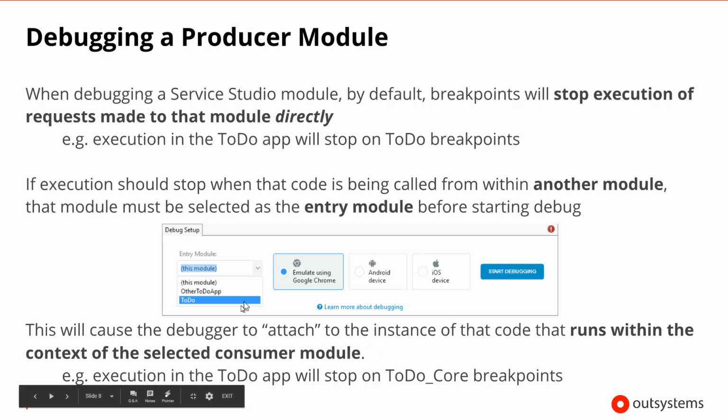So in that particular case, to-do will be where the request starts, but we'll still be able to stop on the to-do core breakpoints. So this gives us a way of being able to get to certain breakpoints by running them from the consumer of that module instead of that module itself.